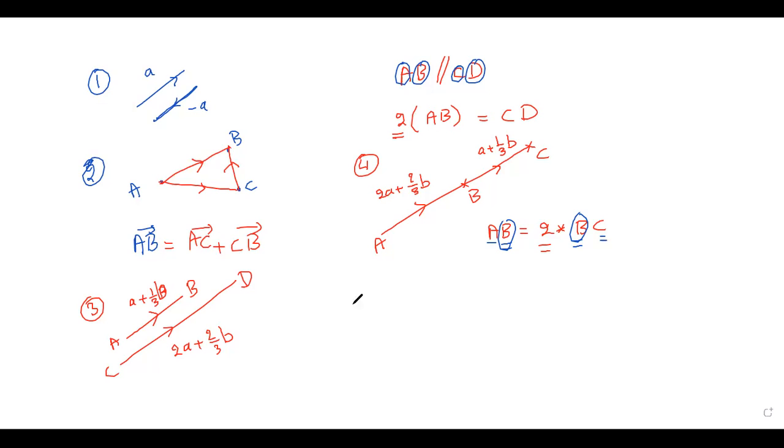Now, I'll talk about ratios and vectors. If I have AC, and B somewhere on it, and AC is given by, for example, 2A plus 3 over 4B, that's your full AC.